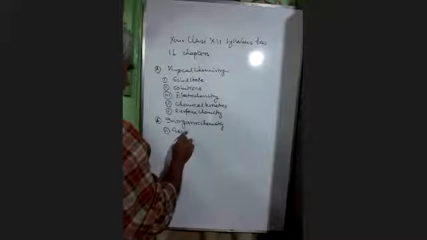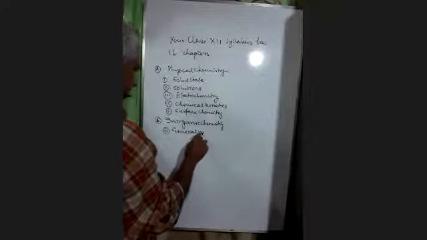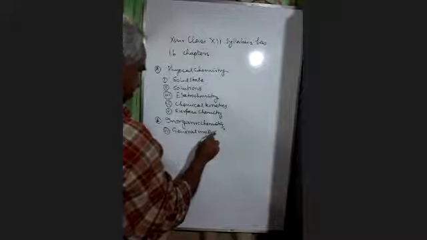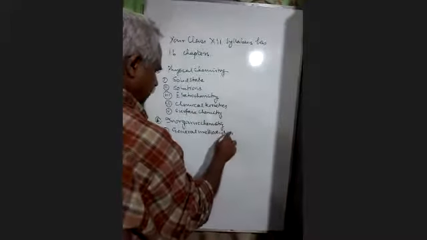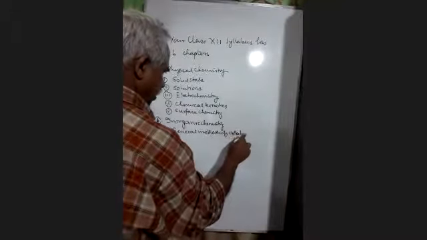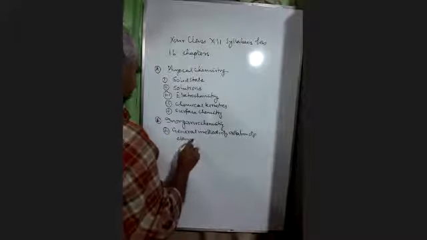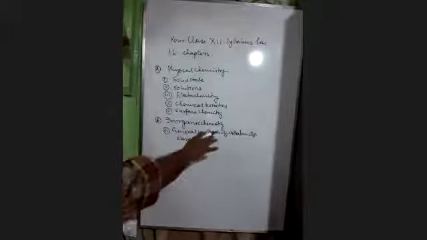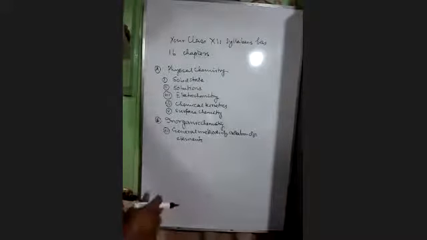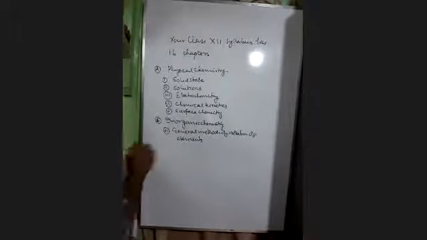It is called general methods of isolation of elements. Means, how do you go for the extraction of different elements from their compounds, which is found in the nature?